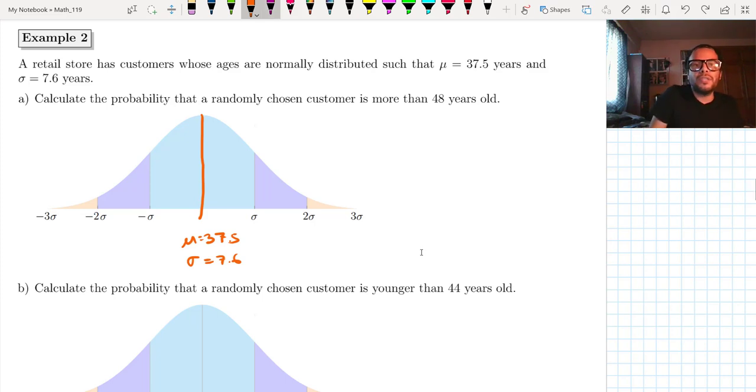Okay, notice 48 years old is somewhere here. It's bigger than, so x equals 48, and the probability that we get, actually, let's shade the part of the graph, in this case to the right.